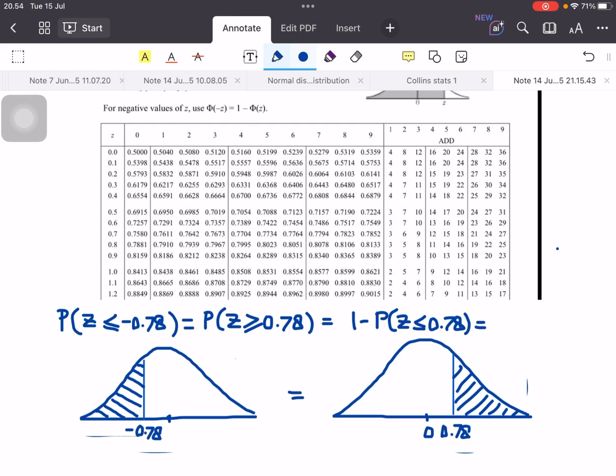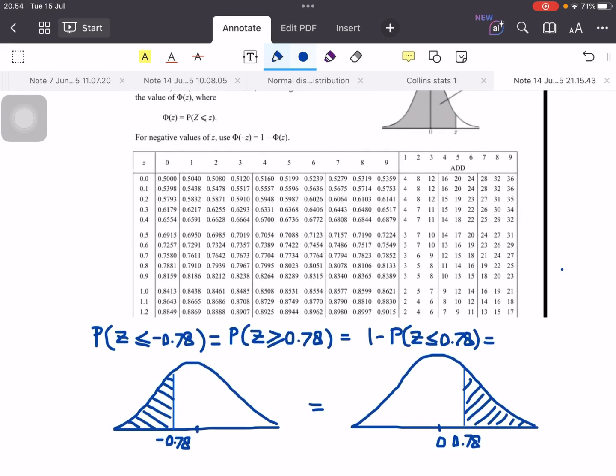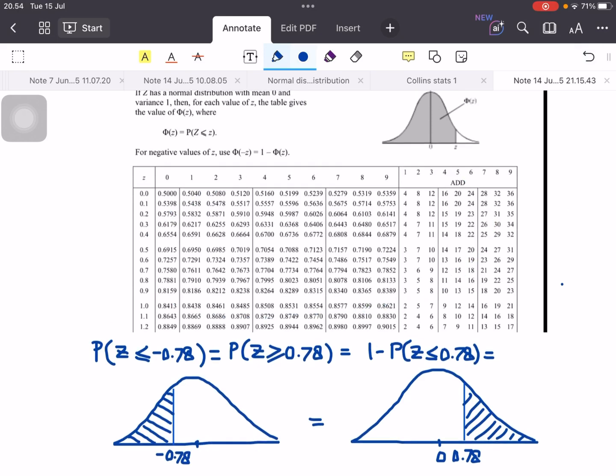Students, don't forget that this table gives the value for this part of the region, not this one. That's why I change it into 1 minus probability z less than or equal to 0.78.